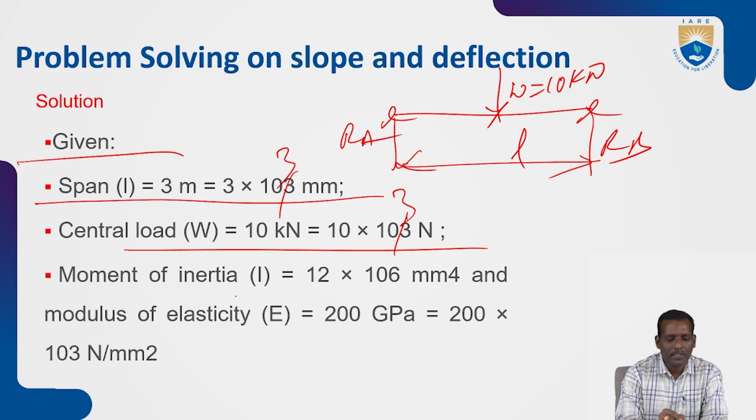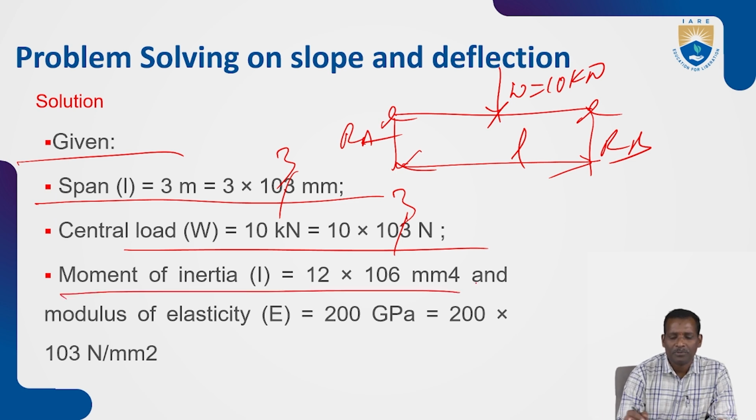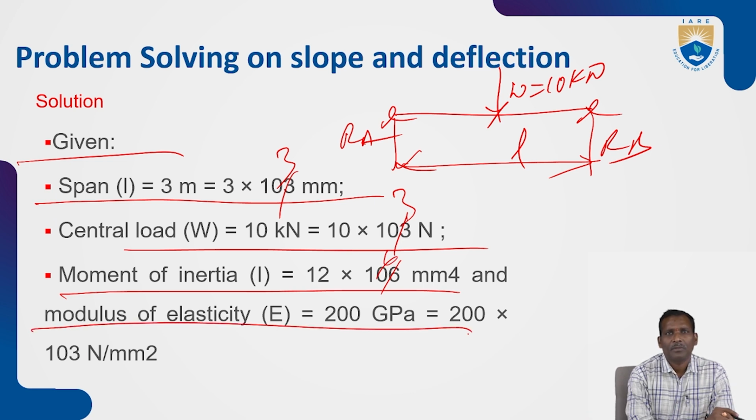Then the moment of inertia I is given as 12 into 10 to the power of 6 mm to the power of 4, and the modulus of elasticity is 200 gigapascal, so 200 into 10 cube Newton per mm square.